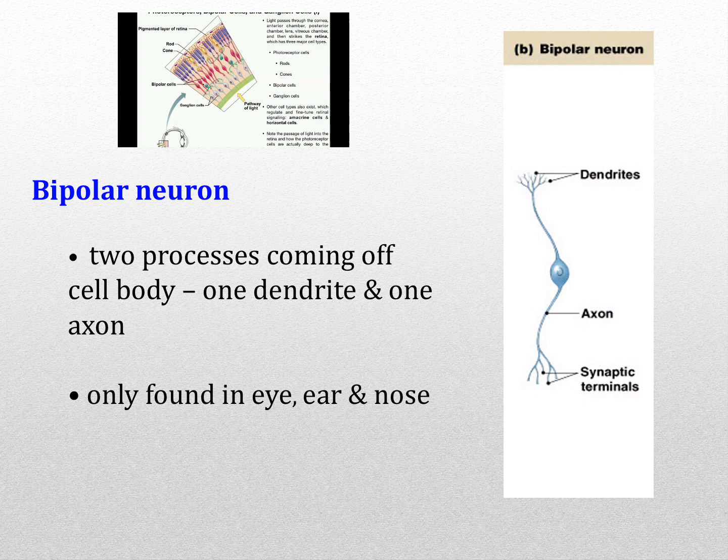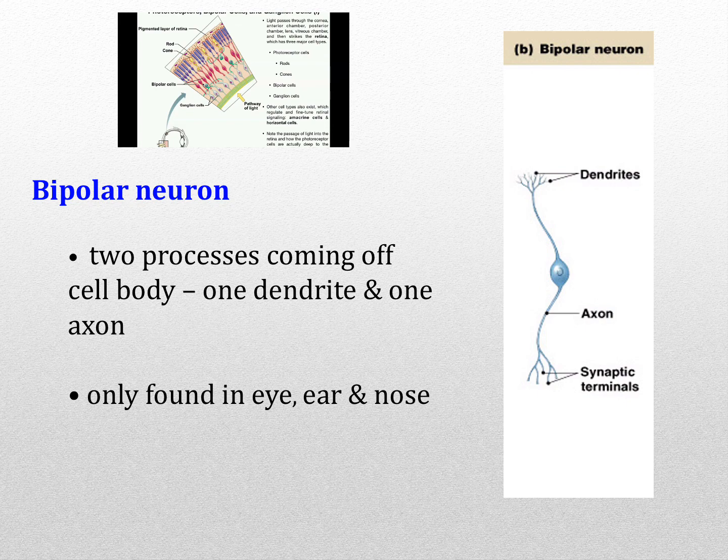This is the bipolar neuron. Check it out. You see the cell body in the middle, and you see the axon, and you see the dendrites on one side, and you see the synaptic terminals on the other side. Bipolar. So two processes coming off the cell body, one dendrite and one axon.